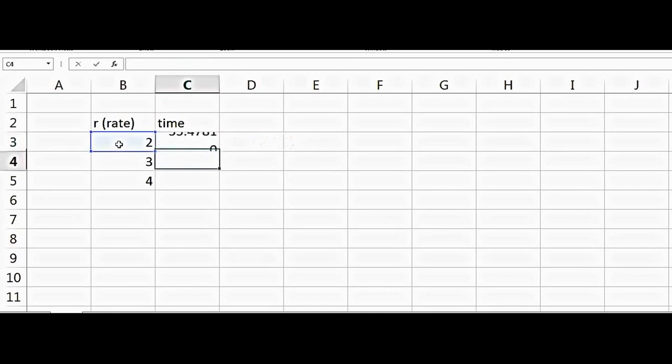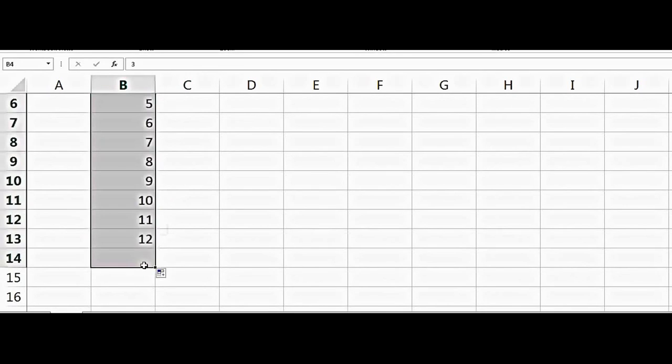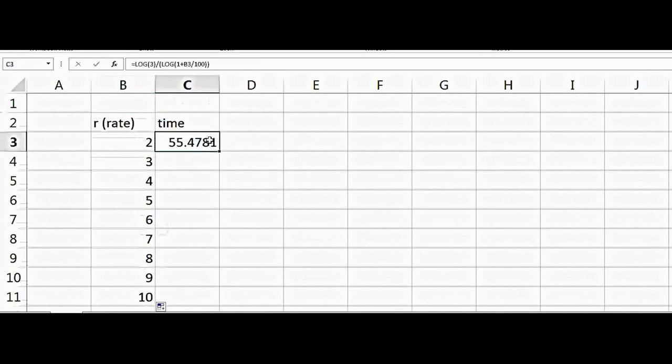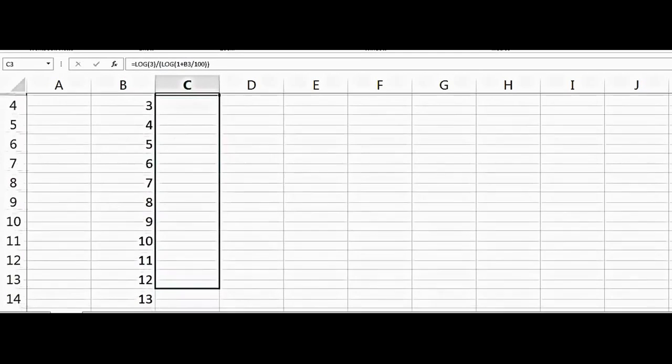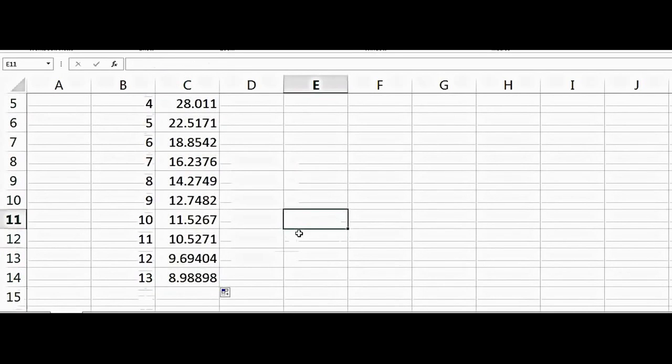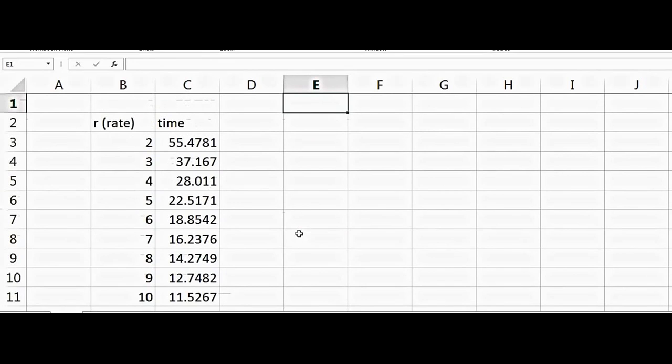So this should be our time. Now we can keep extending this rate to suppose 13%, and we can calculate the time for the investment to be 3 times for all these years. So that's how we get the time.